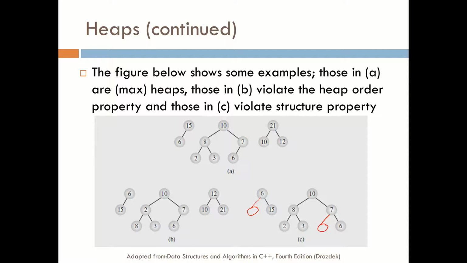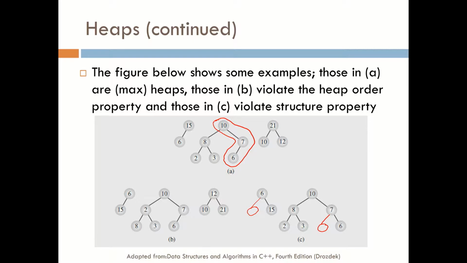Let's use this graphic to show what we mean by a partial order. Let's take a look at a path from the root all the way to a leaf node. What we're saying is that inside this path, there is an order. And the order goes from maximum to minimum in a max heap. And so 10 is greater than or equal to 7, and 7 is greater than or equal to 6.